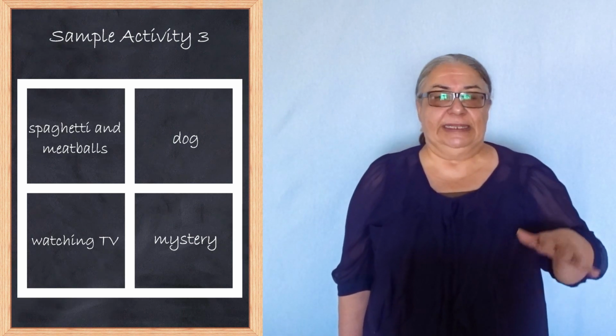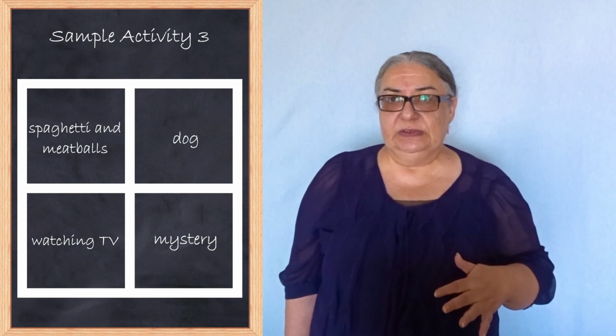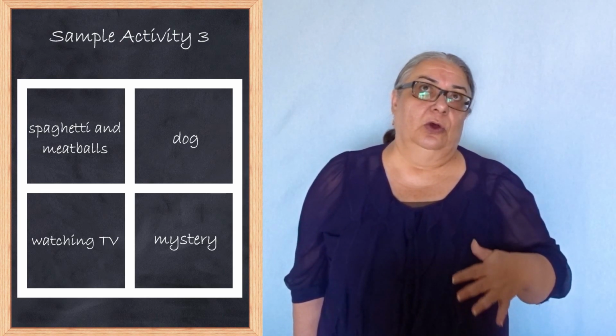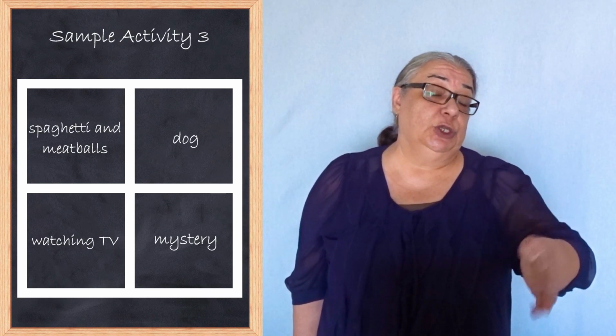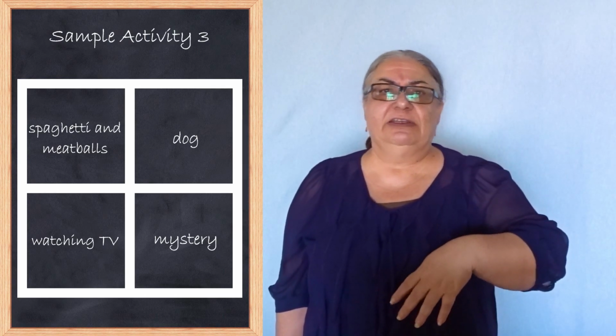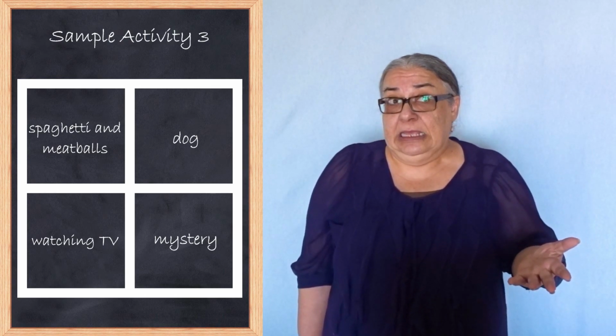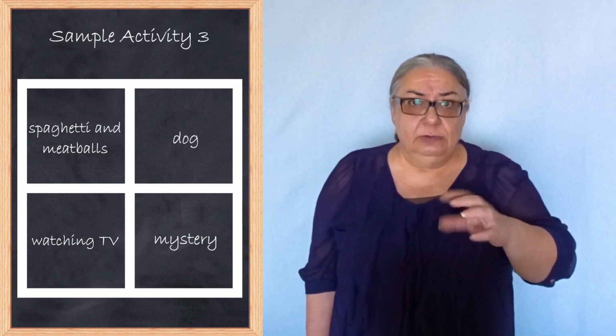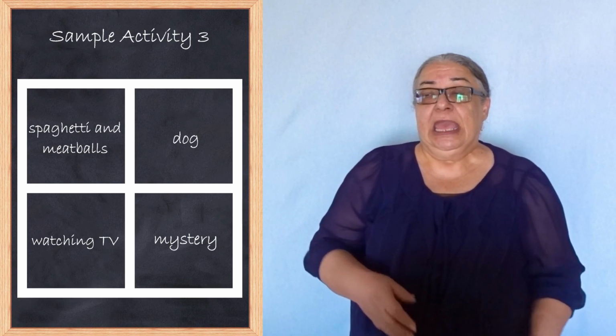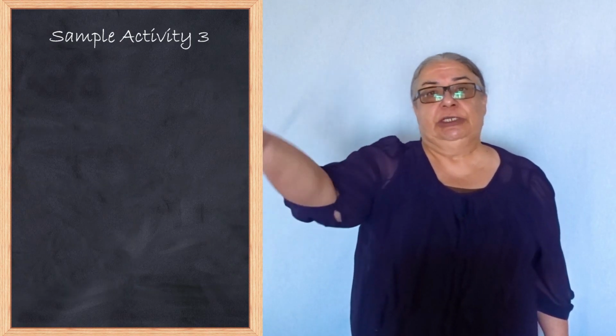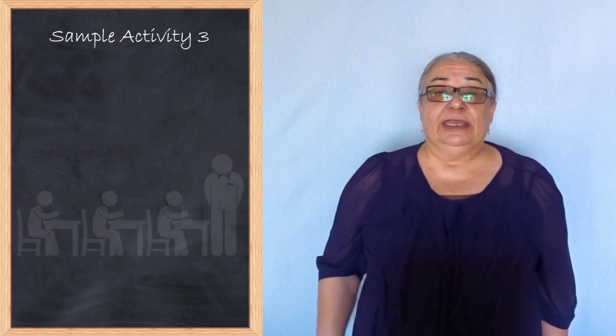When they're done, when they have guessed all the questions, well, here, of course, all the questions are related to what's your favorite food, what's your favorite animal, and so on, but you can also come up with different questions, so you can also adapt this activity. And as an optional step of this activity, you can ask them to do the same.